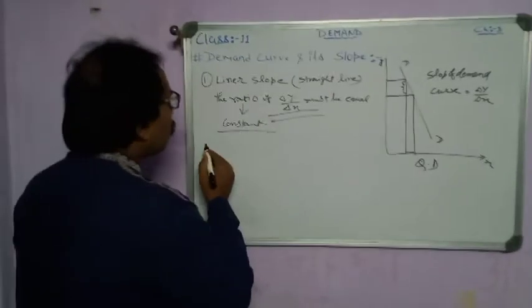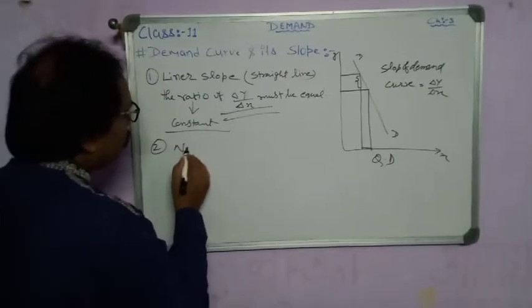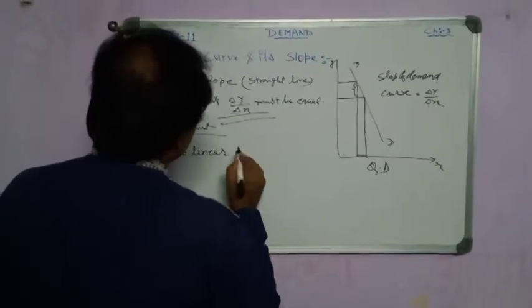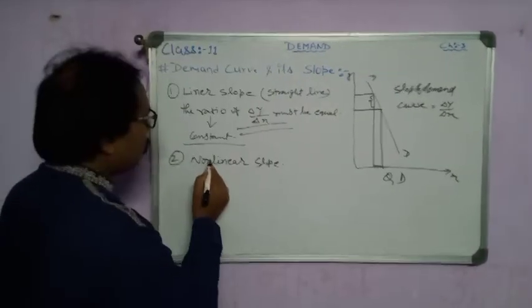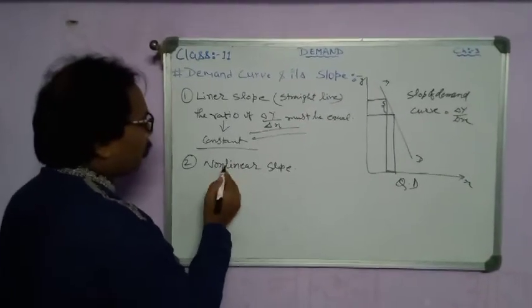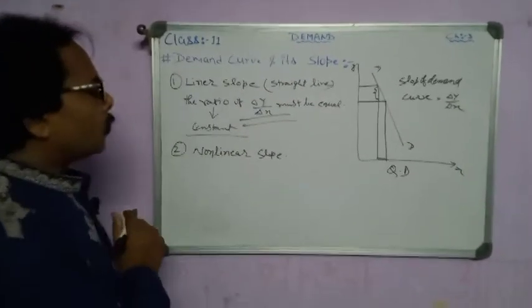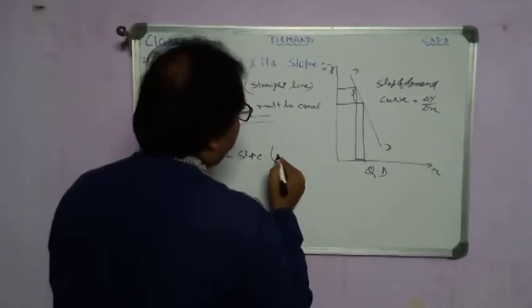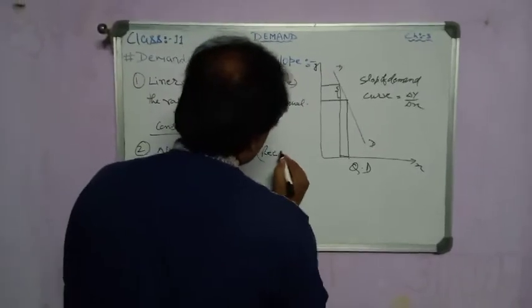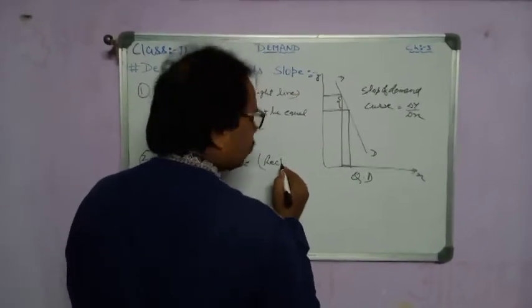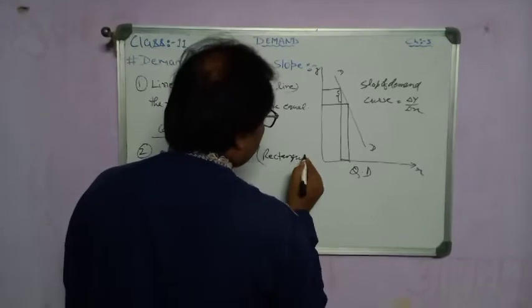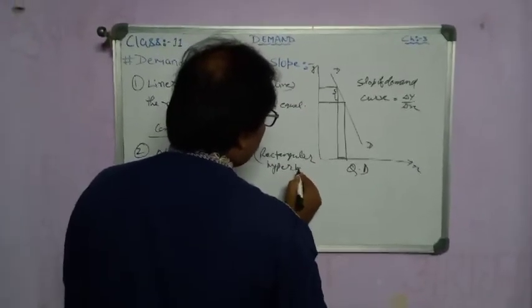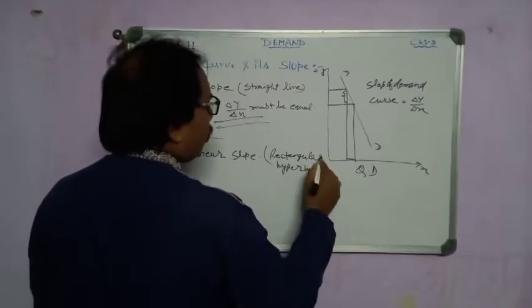Now come to the non-linear slope. Non-linear slope means it may be a rectangular hyperbola.